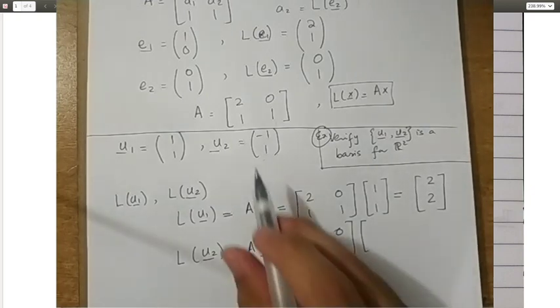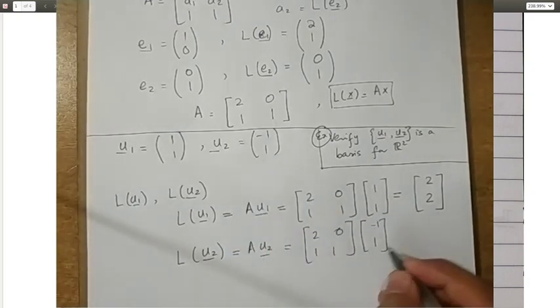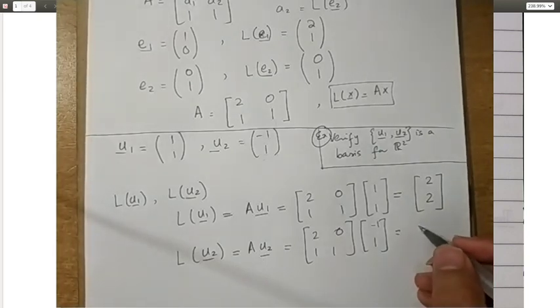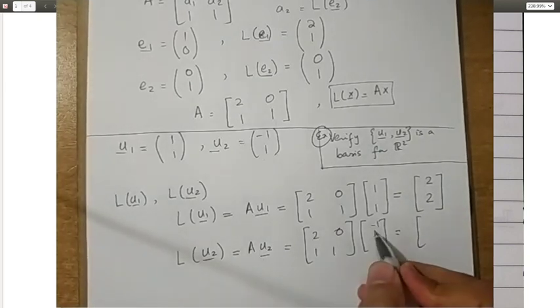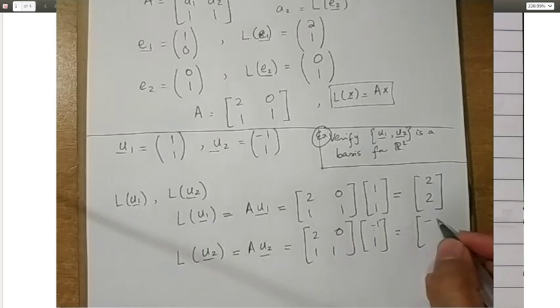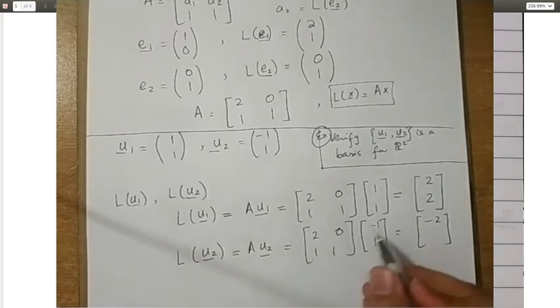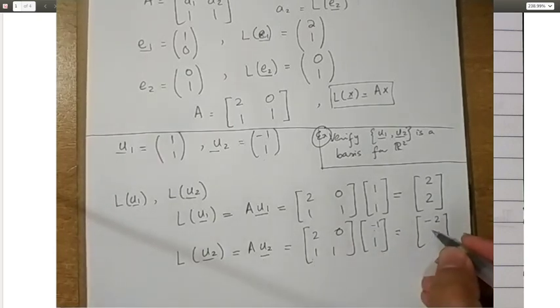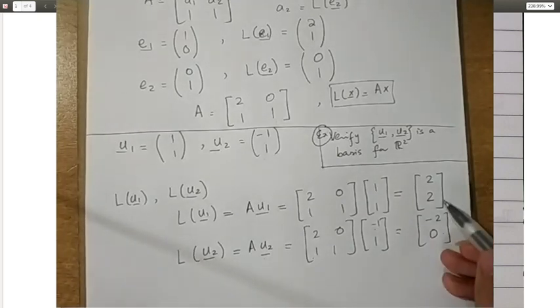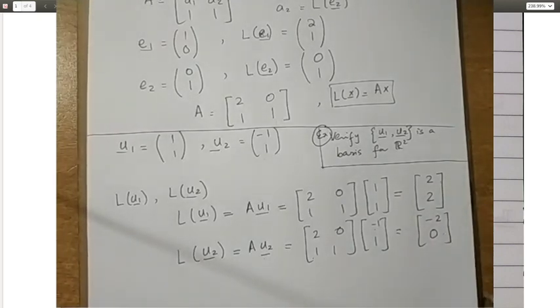You get minus 2 plus 0, which is just minus 2, and 1 times minus 1 plus 1 is 0. So these vectors are (2, 2) and (-2, 0).